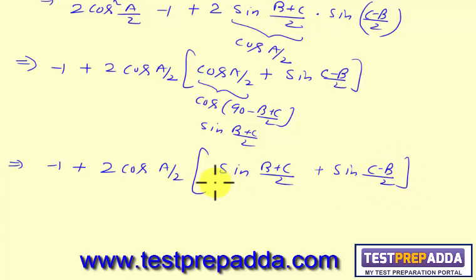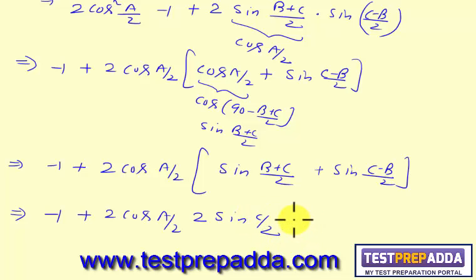Okay. Now, use sin C plus sin D, that is 2 sin (C plus D)/2 into cos (C minus D)/2. So it becomes minus 1 plus 2 cos A by 2, and here I'll write 2 sin of this plus this by 2, meaning B will get cancelled, 2 sin C by 2.